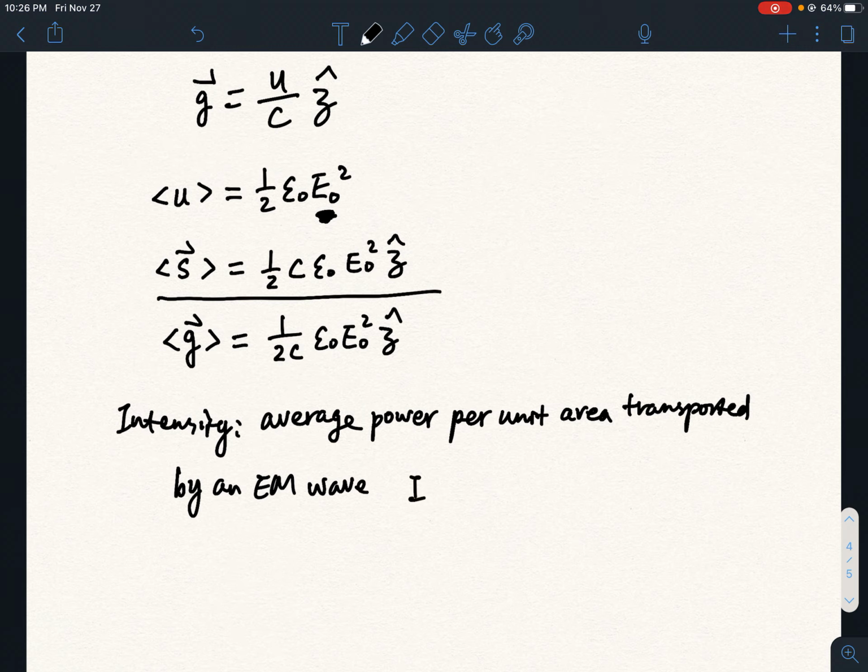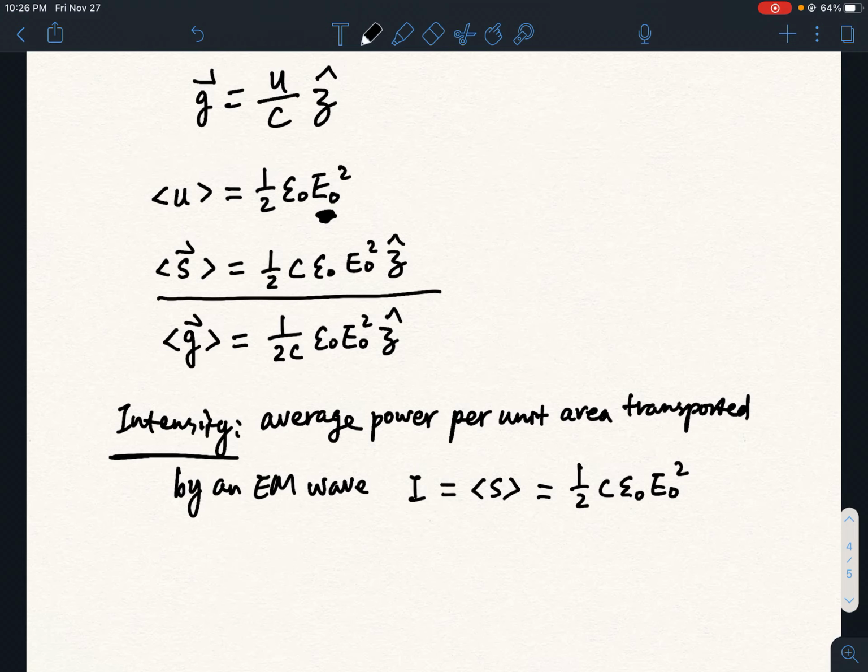We use I to indicate that, which is just the average of the flux density, 1/2 c epsilon 0 E0 squared. So this is the intensity of a light wave.